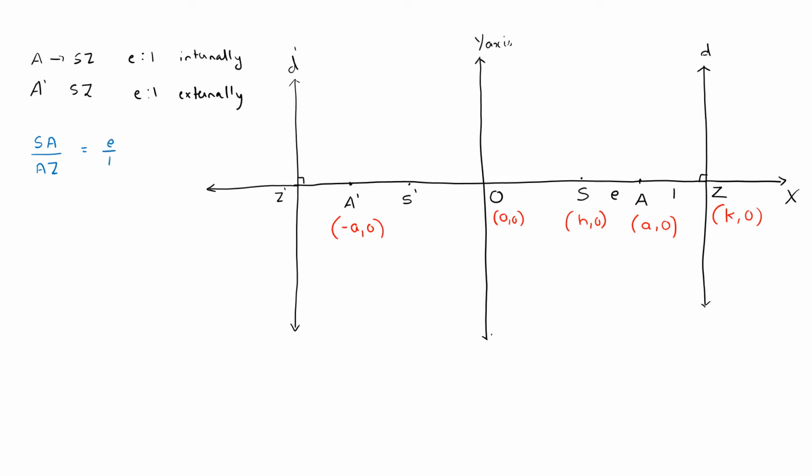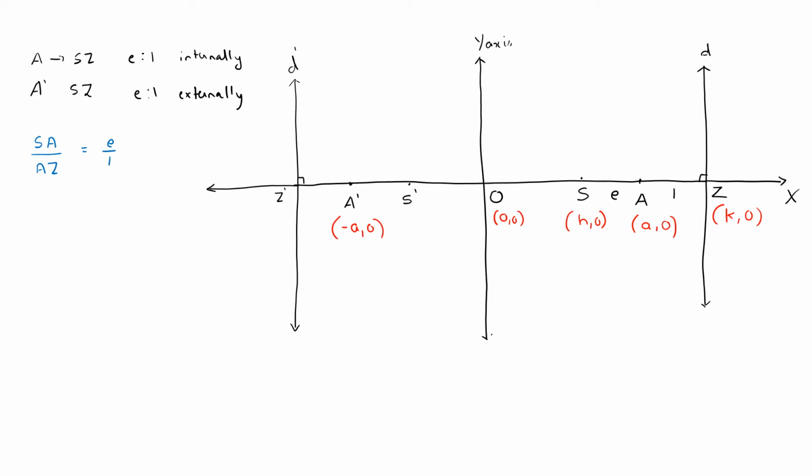E is to 1. ये हम ही ने बनाया है. So what is the meaning of SA over here? SA upon AZ is E is to 1.